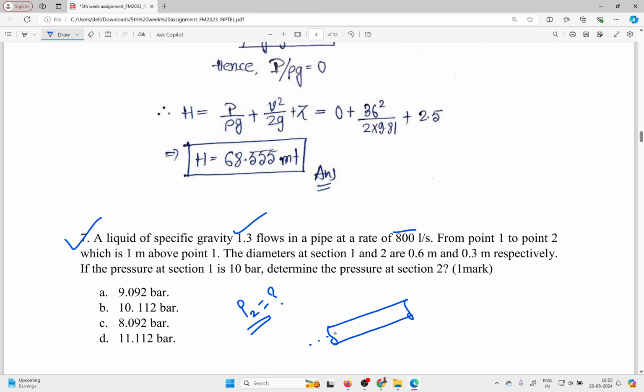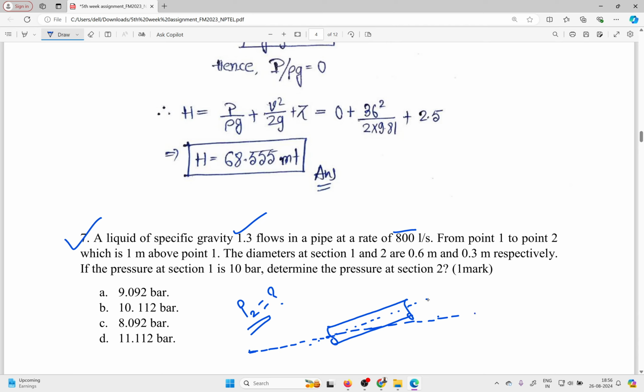If you consider the datum here, at the dotted line I want to consider the datum.